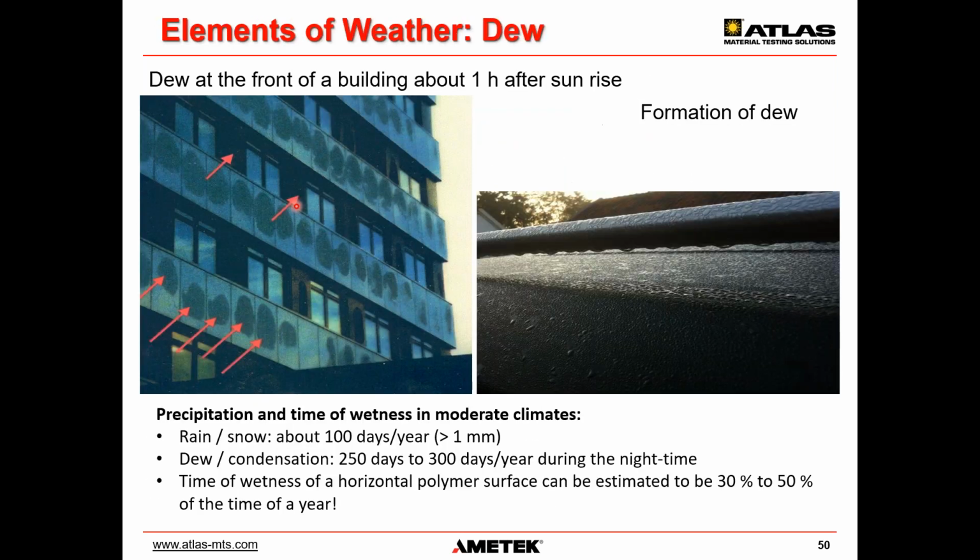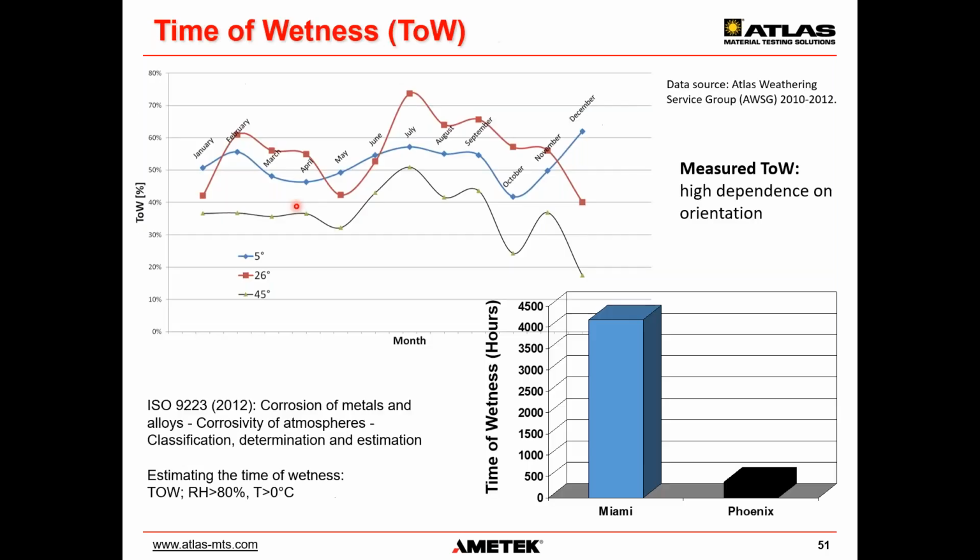And in reality, we can measure the time of wetness, which is a little bit complicated. So we measure it continuously, but the data, that's another story. But here we have some data at different angles on time of wetness, actually measurements in Florida.